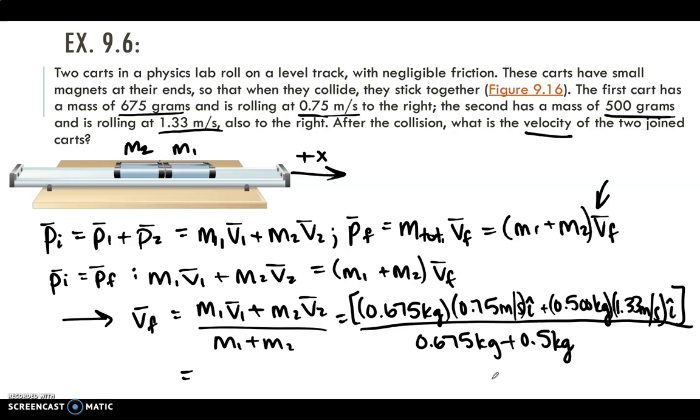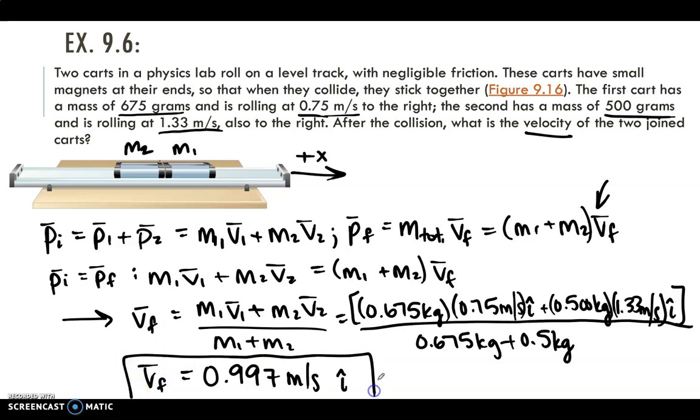I think it's always a smart idea. So I've got my top and then 0.675 plus 0.5, and I get my final velocity is 0.997 meters per second, in the I hat direction.